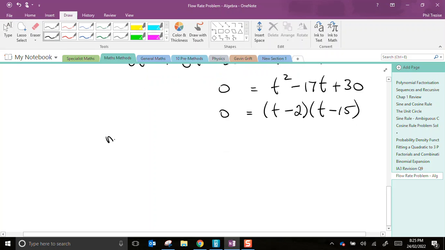So by the null factor law, t could equal 2 or t could equal 15. These are times in hours. Now let's double check those answers in the scenario we were given. Maybe they'll both be sensible, maybe not.